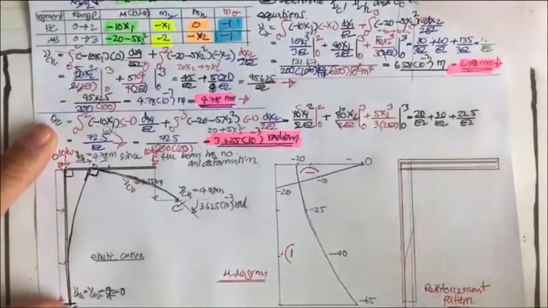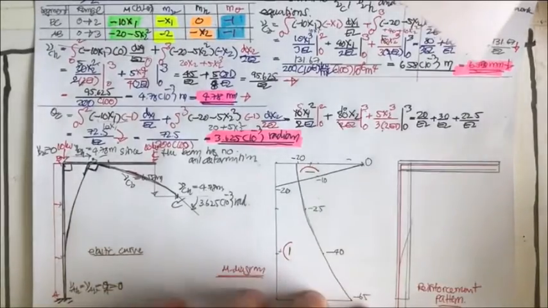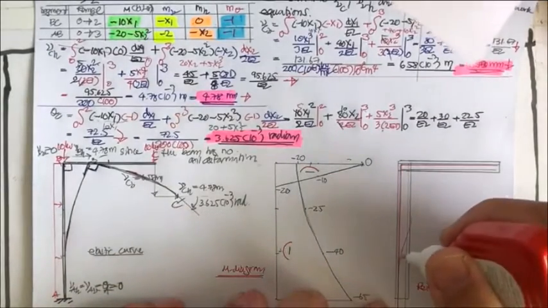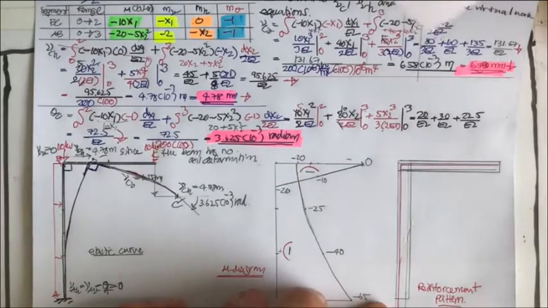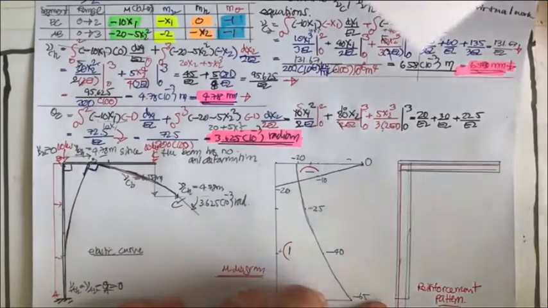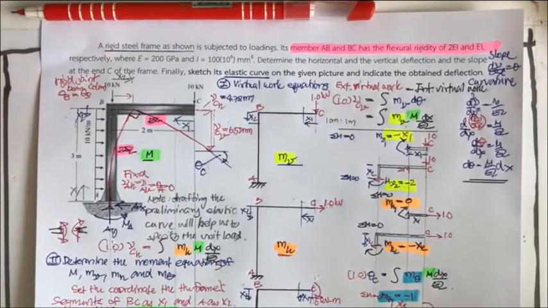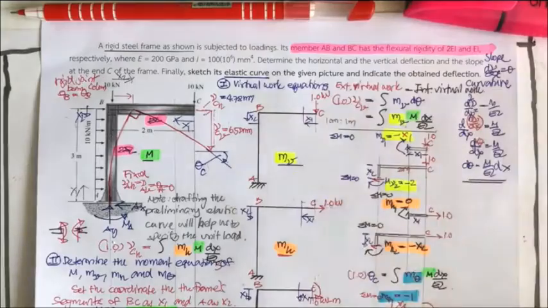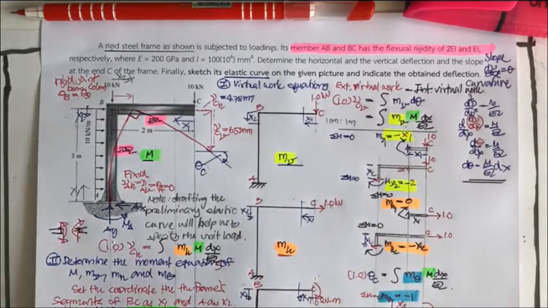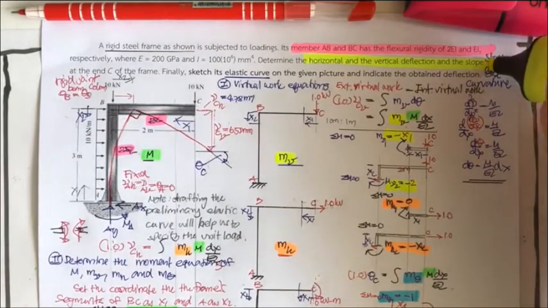We can draw the elastic curve, we can draw the moment diagram, or even we can put the reinforcement pattern that corresponds to our moment diagram and our elastic curve. Okay, so let me demonstrate how we solve for the displacement of the frames, including the vertical displacement, the horizontal displacement and the slope.